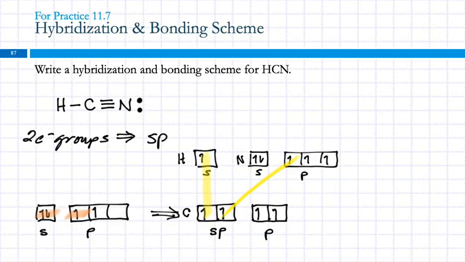So I've got a sigma bond there and a sigma bond here. And then I've got unhybridized p orbitals on my carbon and unhybridized p orbitals on my nitrogen. And so they're going to overlap to make pi bonds. Okay?